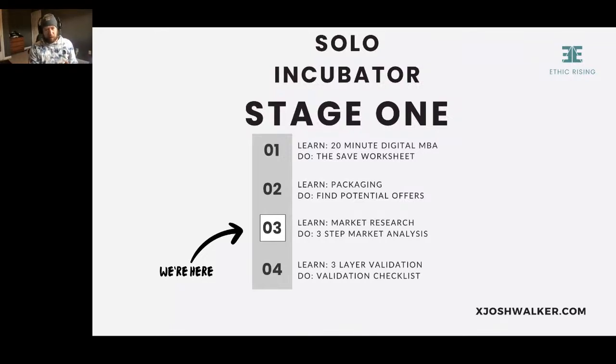How do I create funnels? How do I create an offer that makes sense, that's appealing to people? So stage 2 is about the implementation of what we're learning here, once we've made it through this validation stage that people actually want what we're selling.